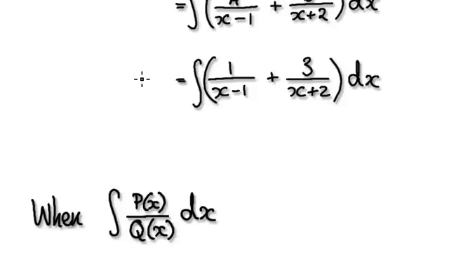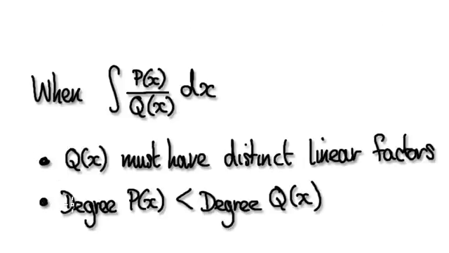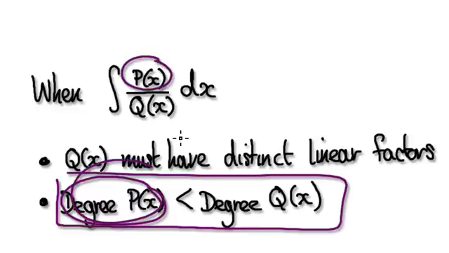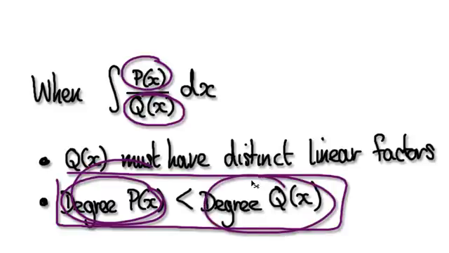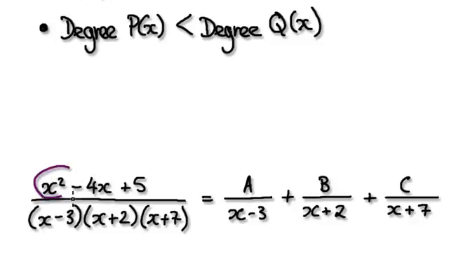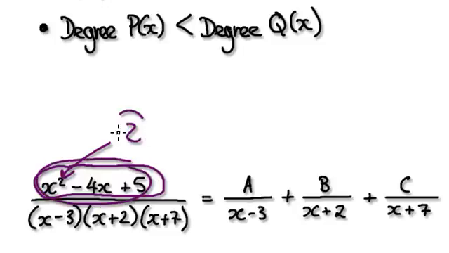Okay, so this condition here, the degree of P of x, must be less than this degree here. Looking at this example, the degree of this whole thing here, the highest power of x, is 2.